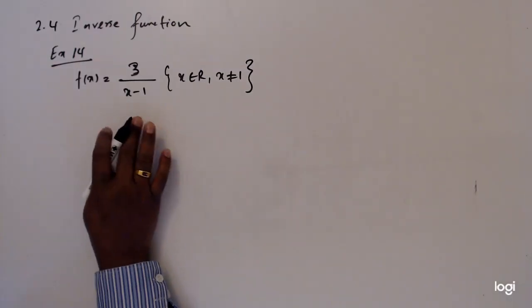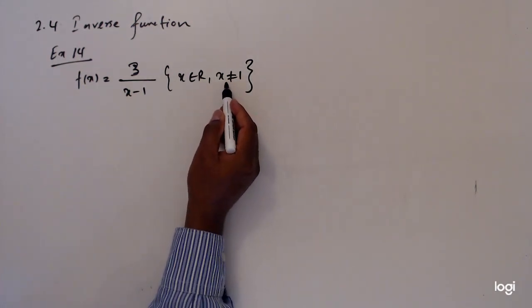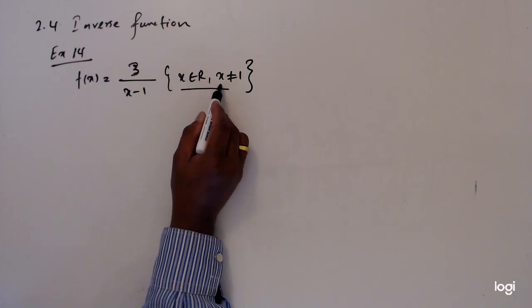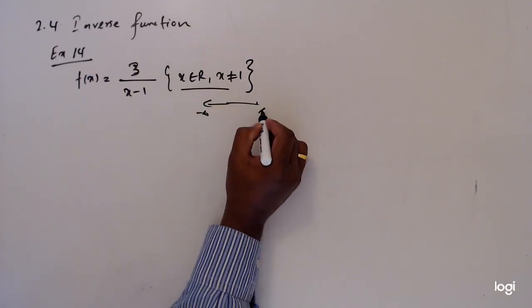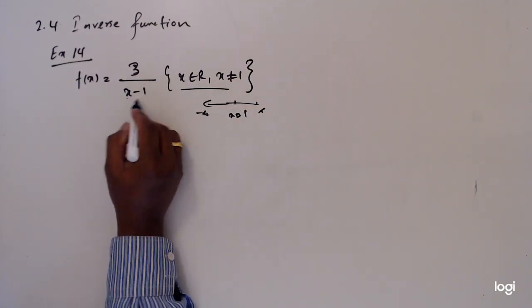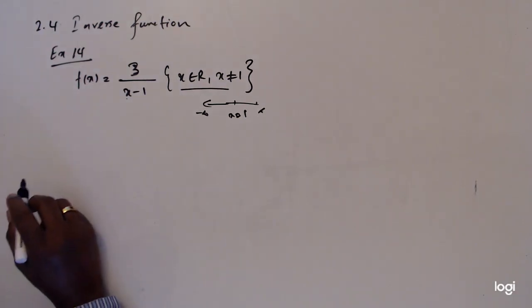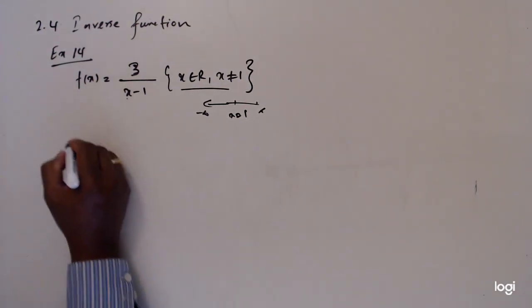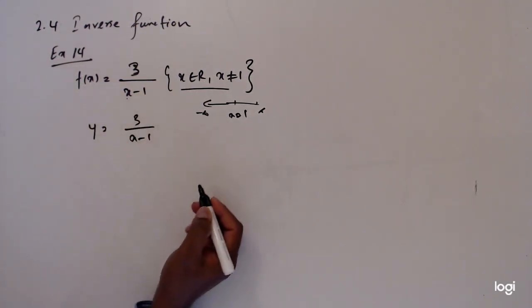Question example 14, we have to find the inverse function. The domain is given as all the real numbers, minus infinity to plus infinity, but we can't put x equal 1, because when x equals 1, this is going to be asymptotic. Now to find the inverse function, I will write y equals 3 over x minus 1.